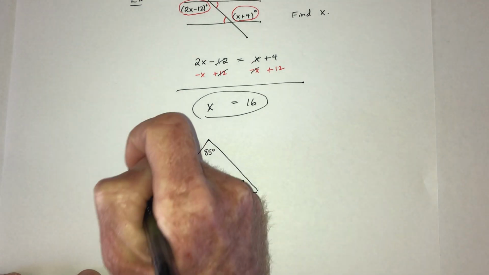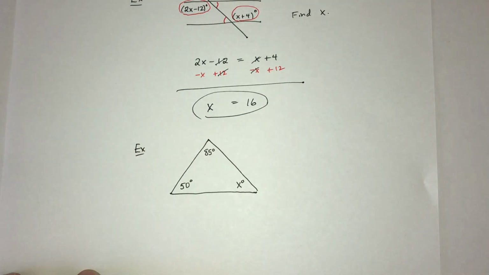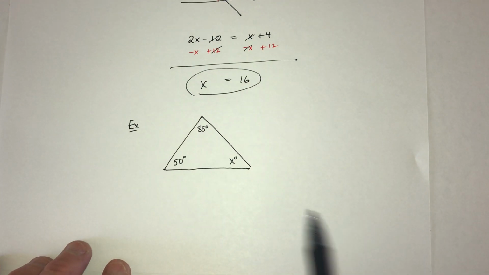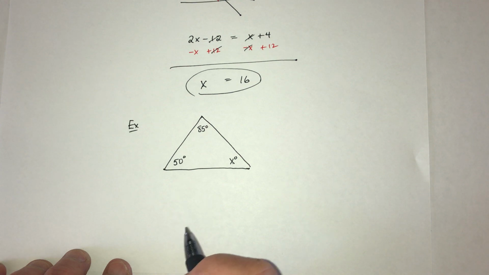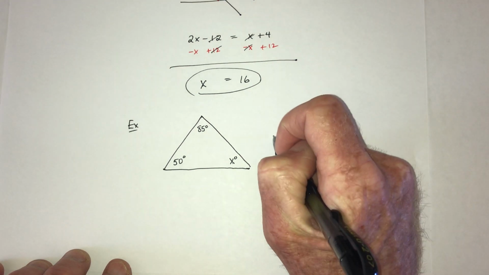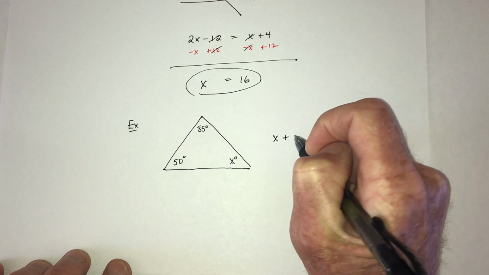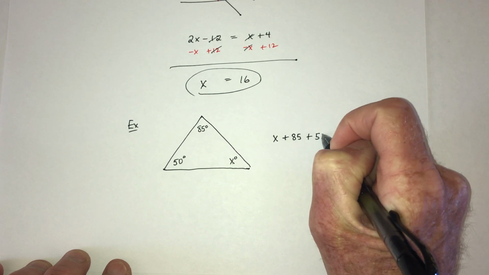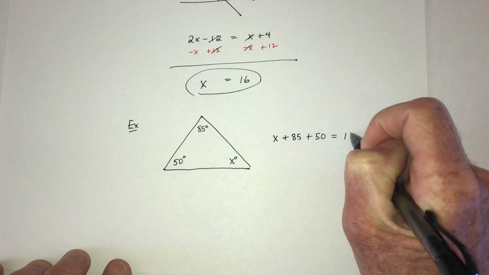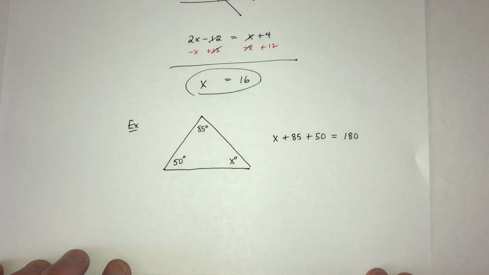Then solve for x. So whenever you have a triangle, the three angles will always add up to 180 degrees. Doesn't matter what kind of triangle it is, the three angles always add up to 180 degrees. So if you add those three up, it has to equal 180.